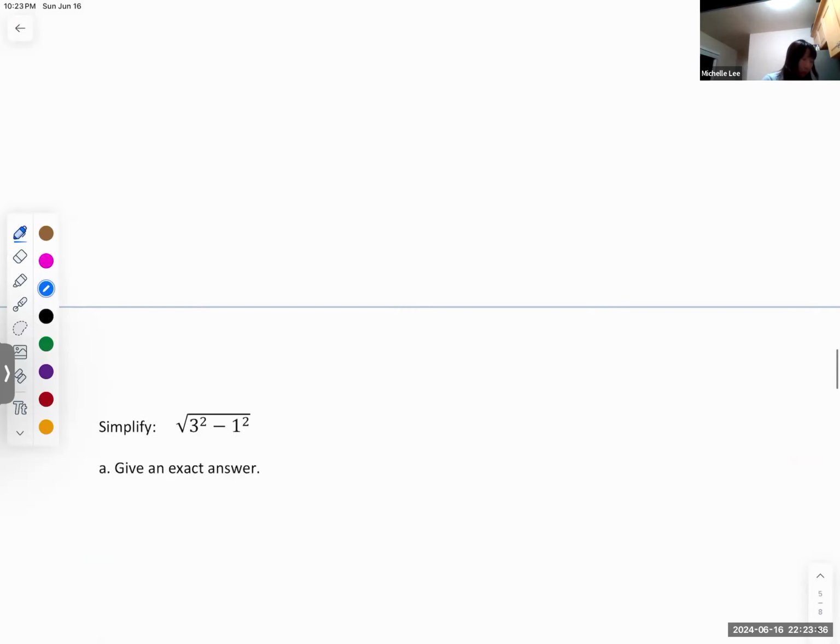A little bit slow. Okay, so this will be 3 squared, which is 9, minus 1 squared, which is 1. We get square root of 8. We can simplify. This one will be, all right, this is 4 times 2, right?